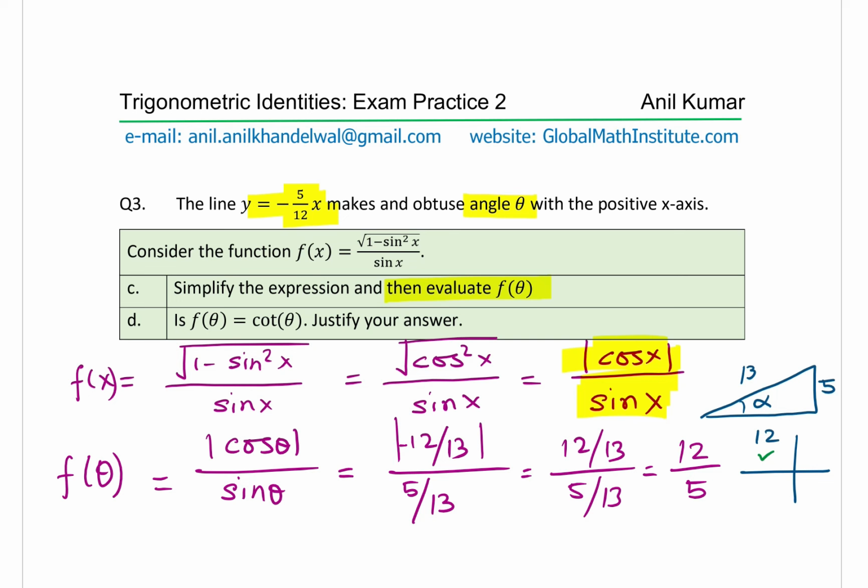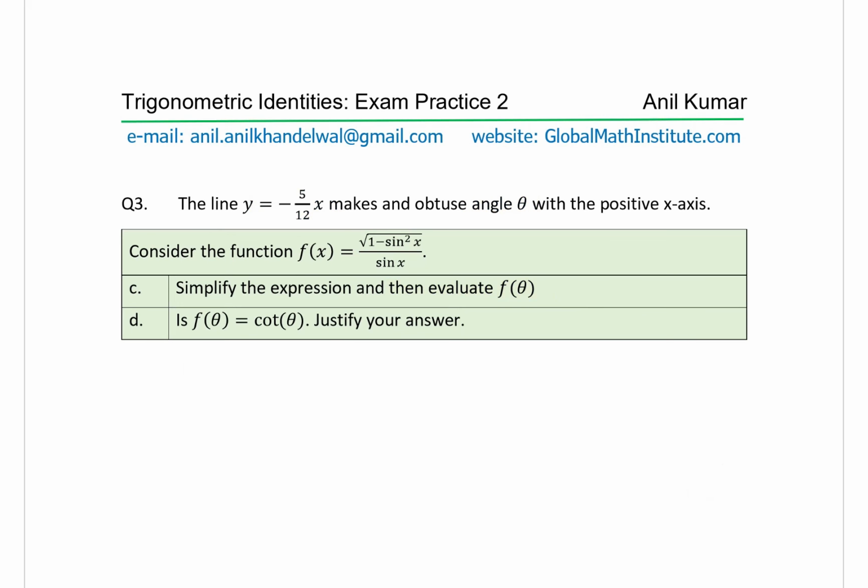Now part D of the question is, if f of theta equals cot theta, justify your answer. Well, as you can see here, it is not really cot theta. If it was cos theta over sine theta, then it was cot theta, correct? So let's try to justify on a fresh page. We actually found that f of theta is equal to absolute value of cos theta over sine theta.